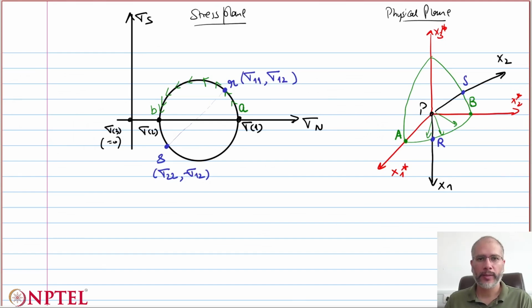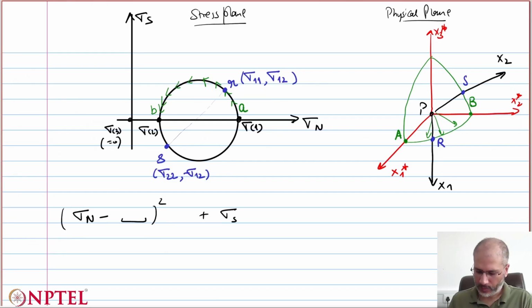Now we can easily write the equation of the Mohr circle, this single circle that we're interested in here: sigma n minus something squared plus sigma s minus something squared equal to some radius squared.